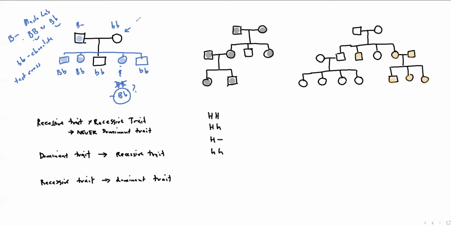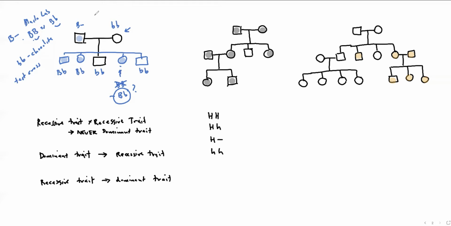The other thing that we do in pedigree analysis is to use the overall pattern of inheritance to ascertain which trait is dominant versus recessive, because you might not always be told that, okay, well, black is dominant, brown is recessive. You might not have that information.